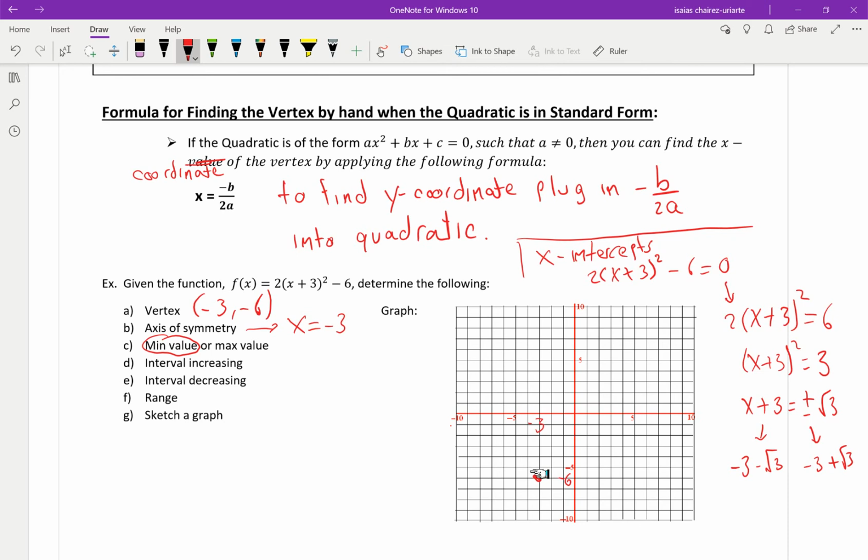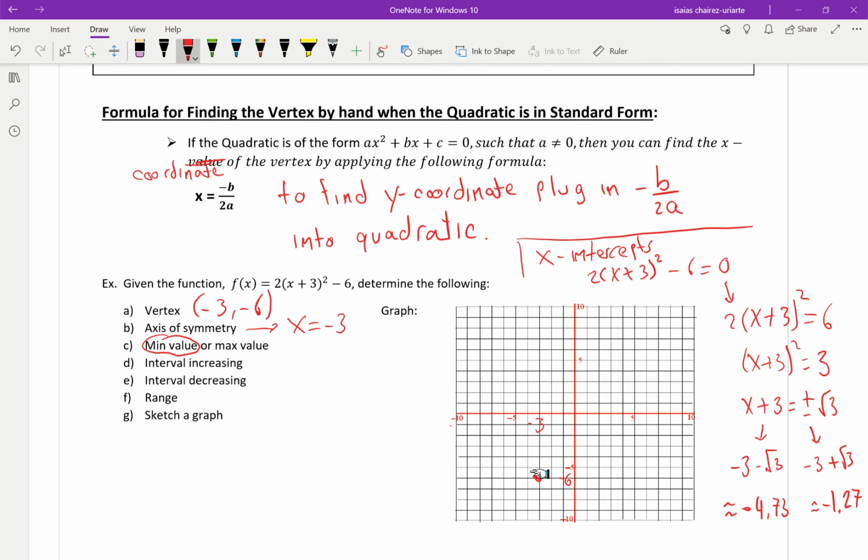This is about negative 4.73. And this guy is negative 3 plus the square root of 3. Right now I'm using my calculator over here. This guy is about negative 1.27.